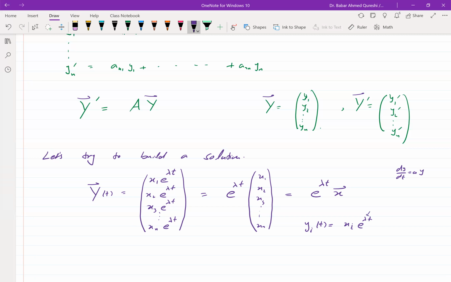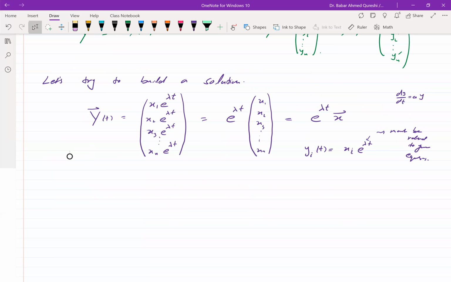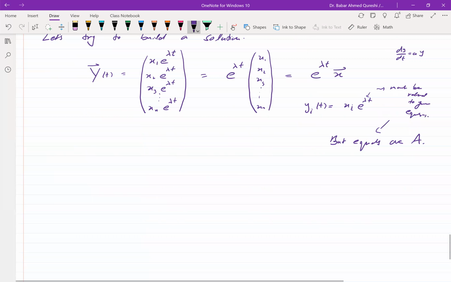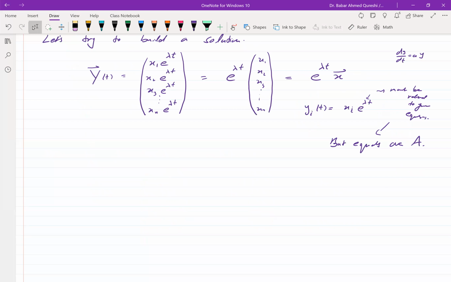So here, this cannot be an arbitrary number. It must be related to your equation. And our equations are defined by this matrix A. So it must be something related to A.